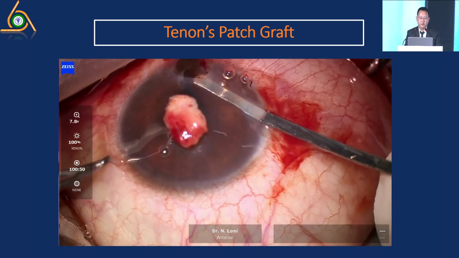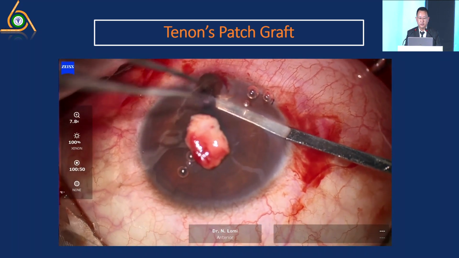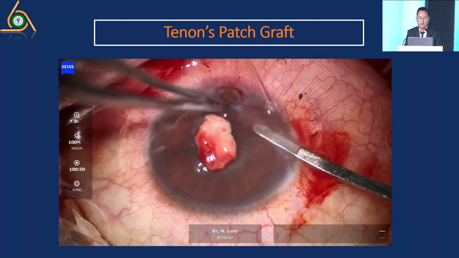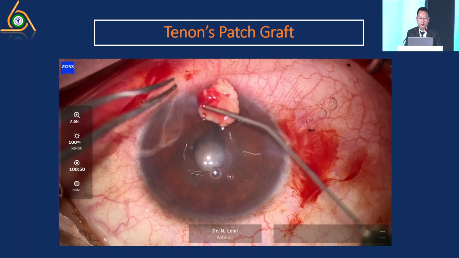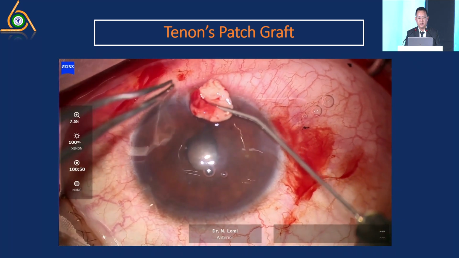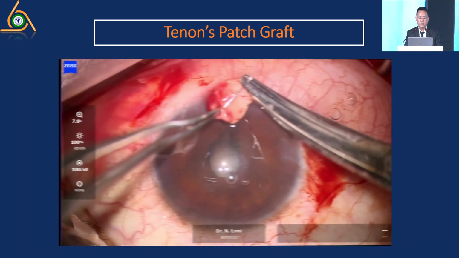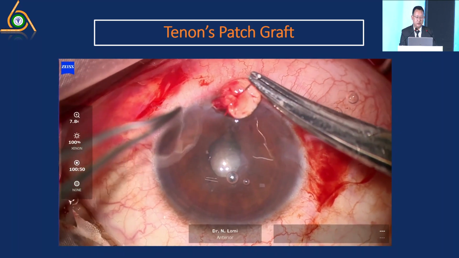The iris has been repositioned back into the anterior chamber, and you can place the Tenon's over the perforated area and tuck it into the stromal bed.